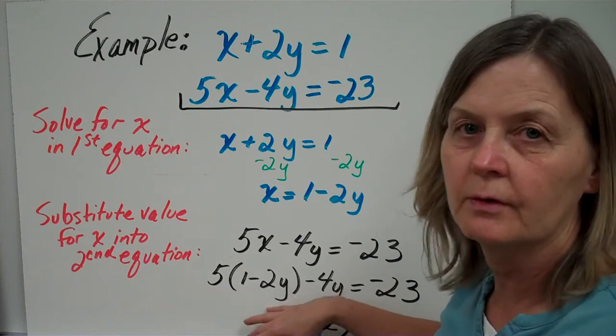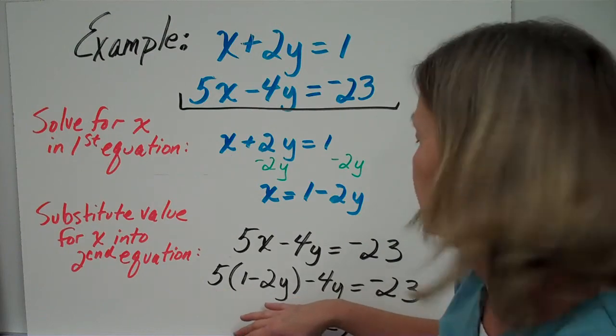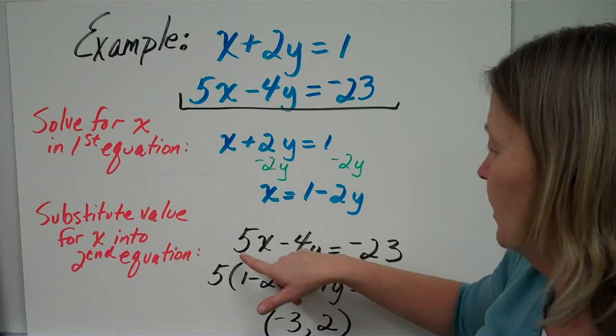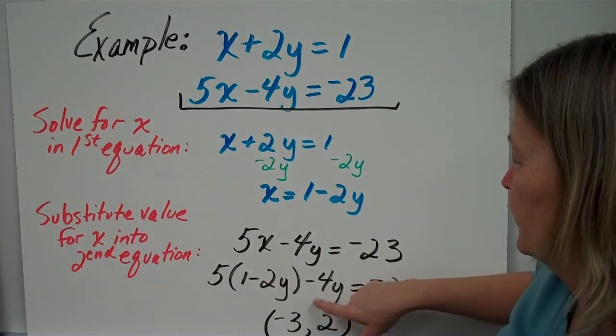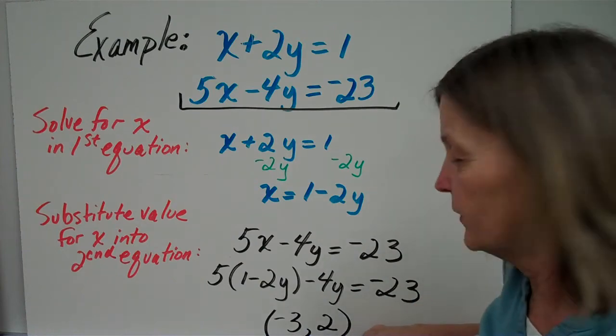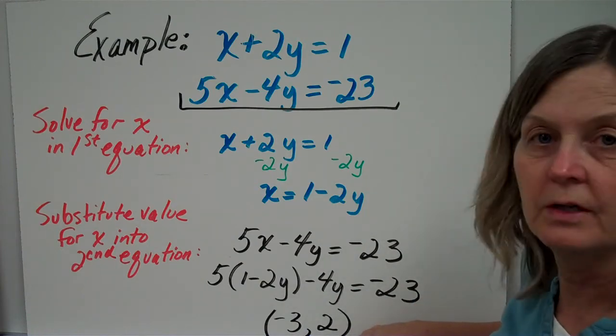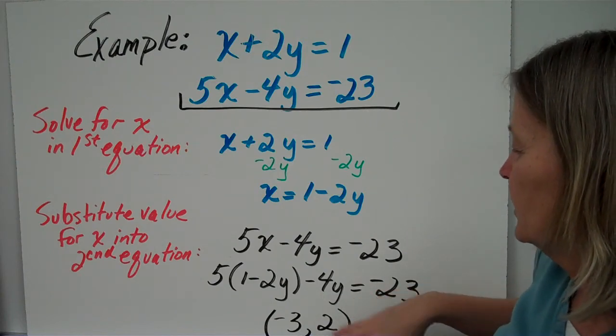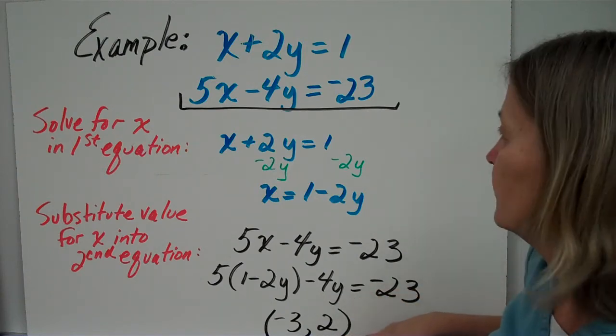Now I started this one for you, and I would like you to try to finish through with the algebra here. Here's your first step, and I'd like you to work that through, and your final answer should be -3, 2. So work through these steps, get your y value, and then find your x value.